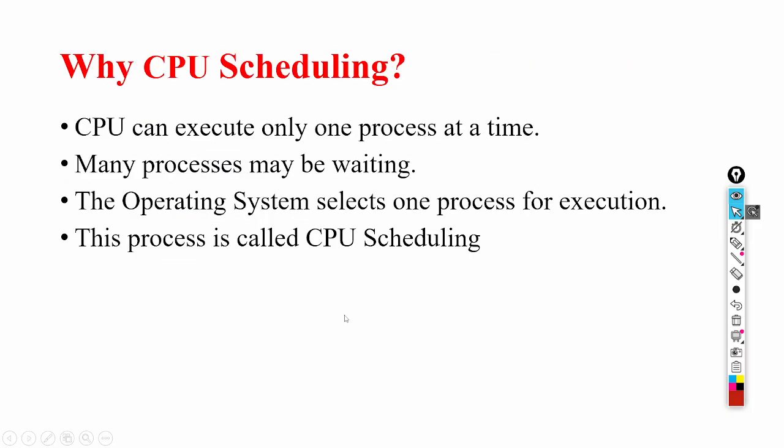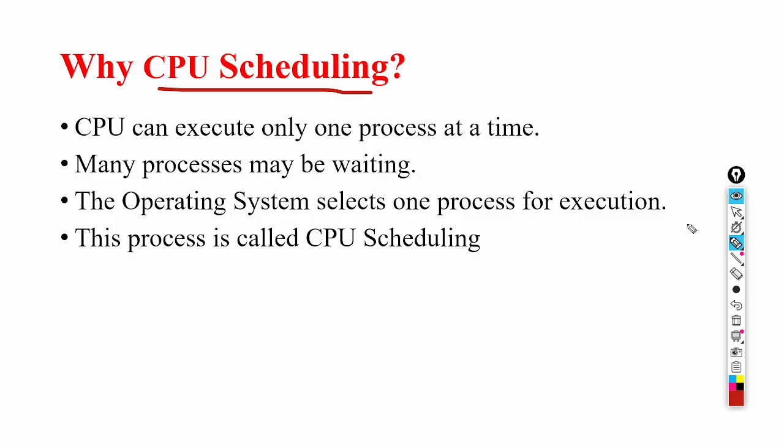So why CPU scheduling? Before understanding scheduling algorithms, let us first understand why CPU scheduling is required. In a computer system, many programs run simultaneously. Simultaneously means at the same time. For example, you may open Chrome, PowerPoint, YouTube, WhatsApp, and File Explorer. At the same time, all these applications require CPU time for execution.